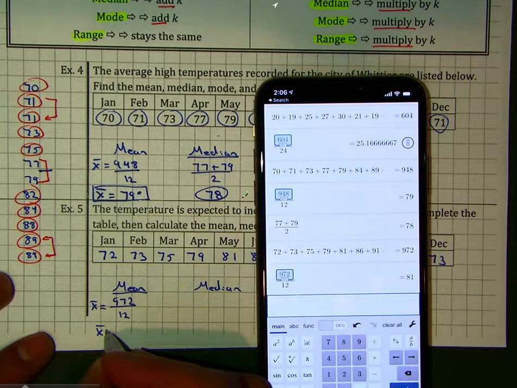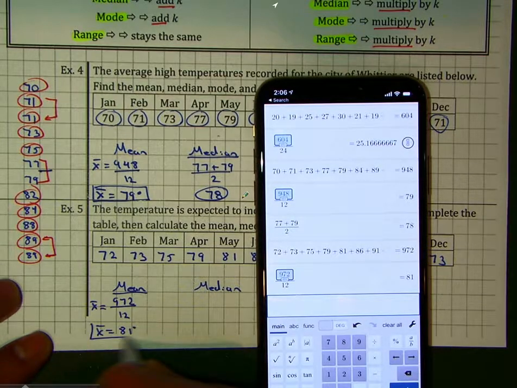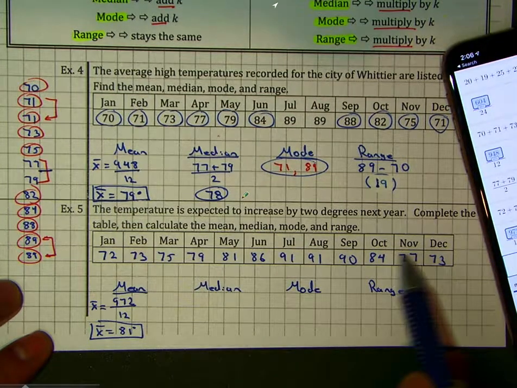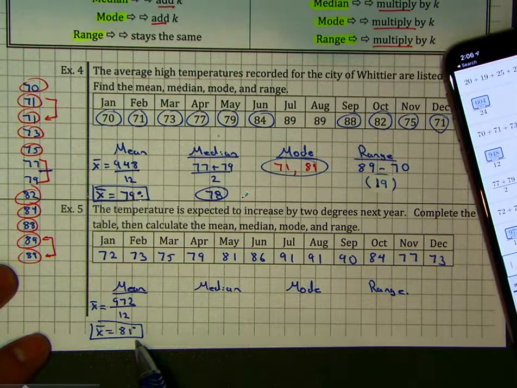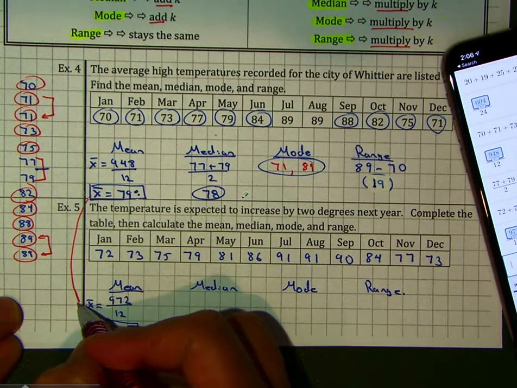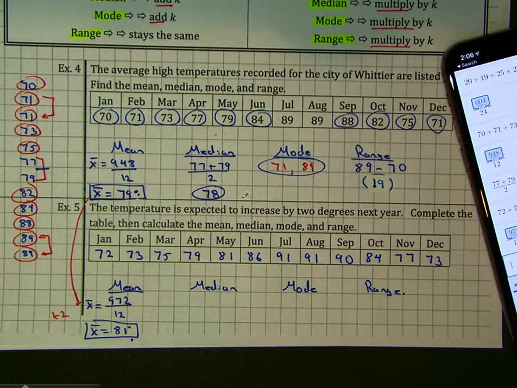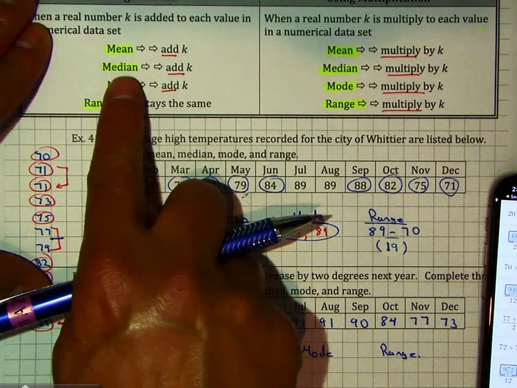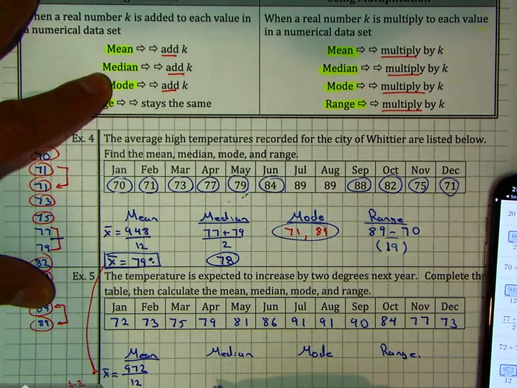So notice that since we added 2 to each one, our mean got added 2. Instead of doing all the work, we can say, well, if we add 2, I'm just going to increase it by 2. For our median, we're going to add 2 as well. So therefore, 80.